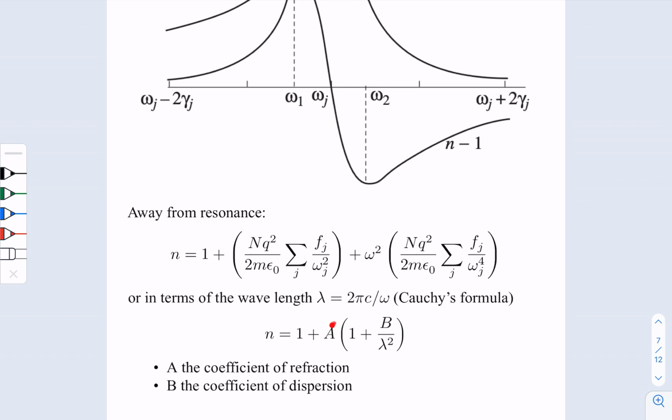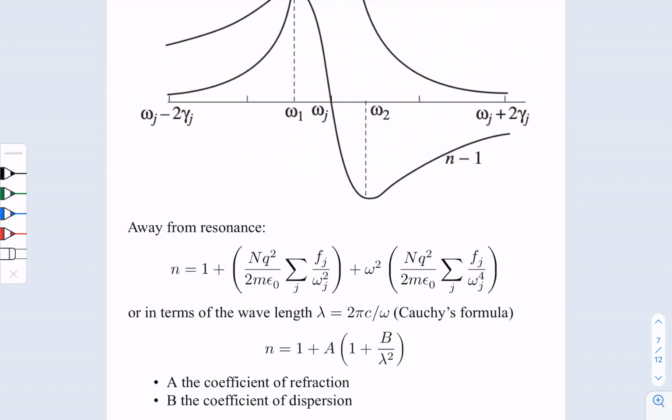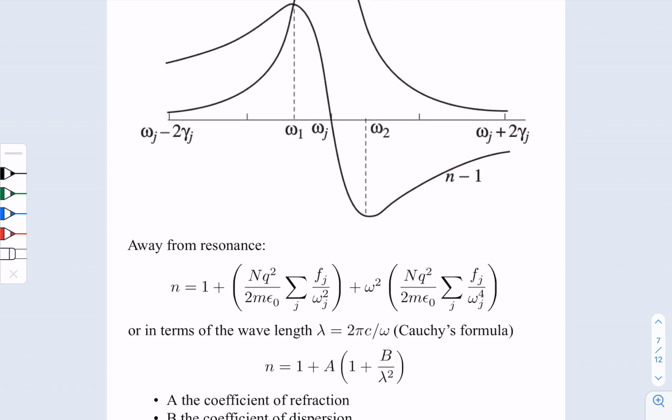So there are only two unknowns that can fit to this shape very well. A is called the coefficient of refraction, and B is called the coefficient of dispersion. So the larger the B, the stronger the curving of this shape will be.